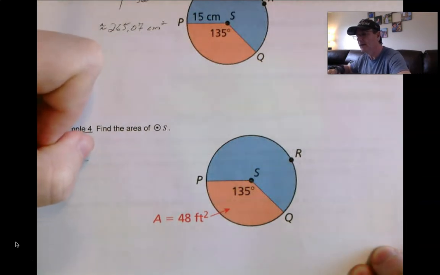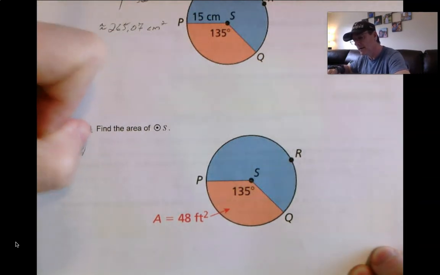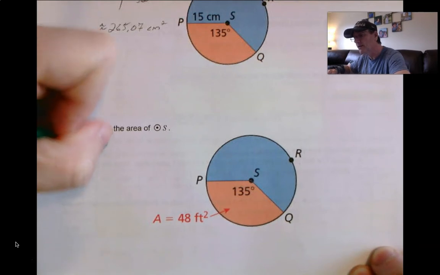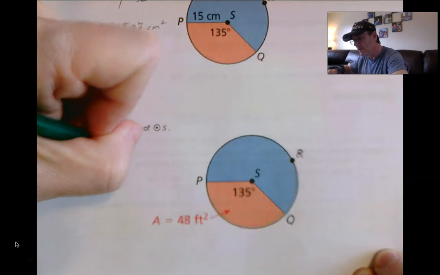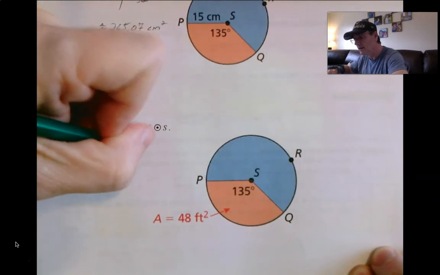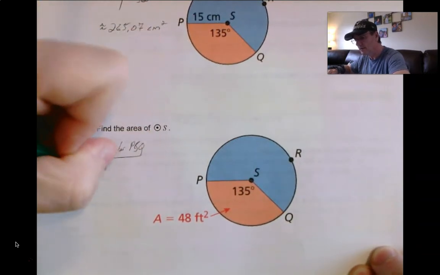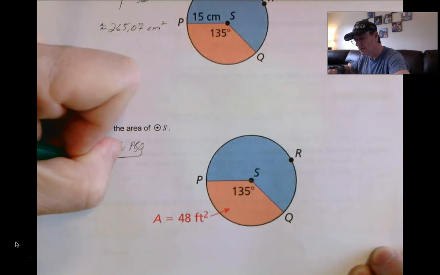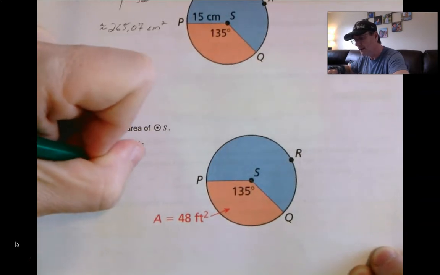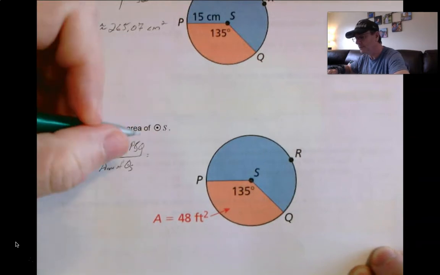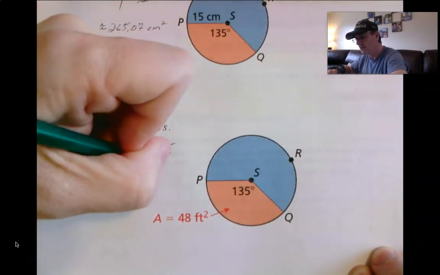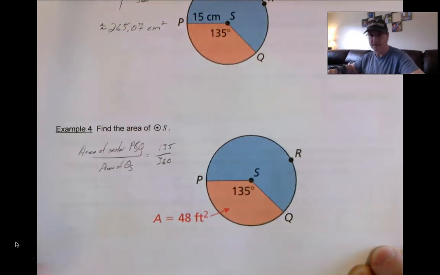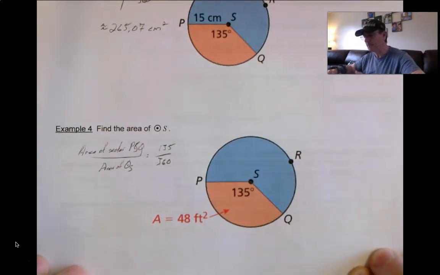So the area of sector PSQ over area of circle S is equal to 135 over 360. I'm using the proportion setup this time.